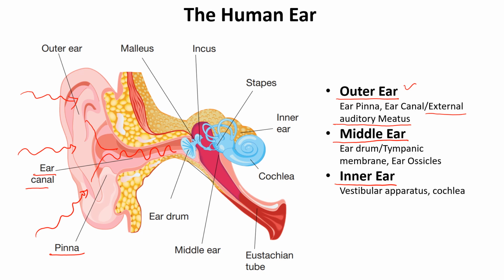So the sound waves traverse the distance of the ear canal and reach this membrane over here, which is known as the eardrum or the tympanic membrane.